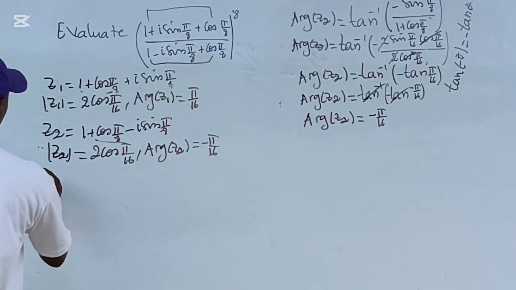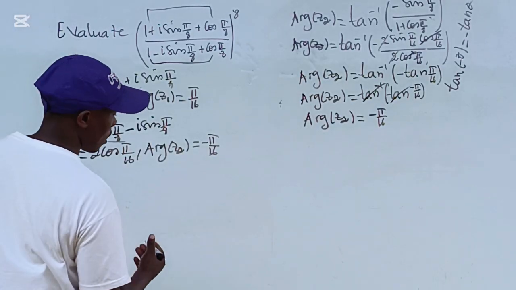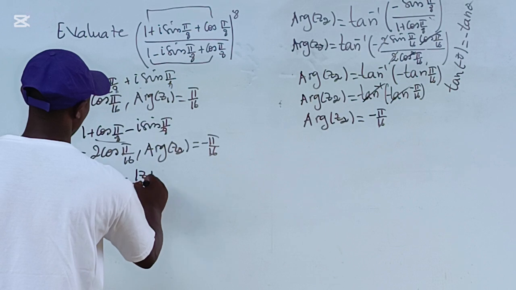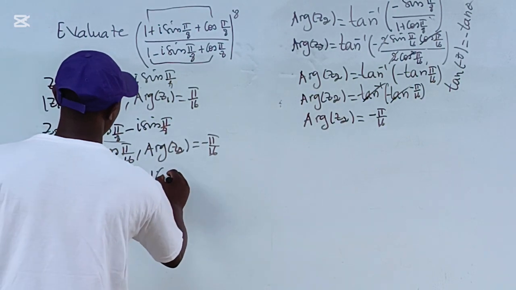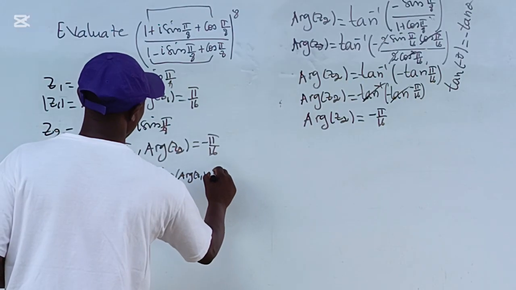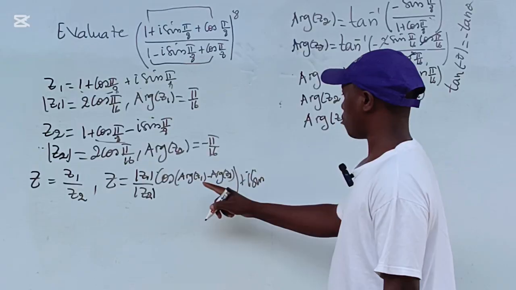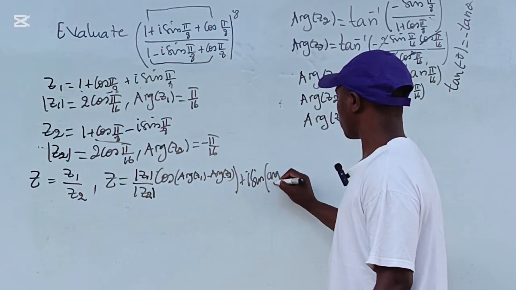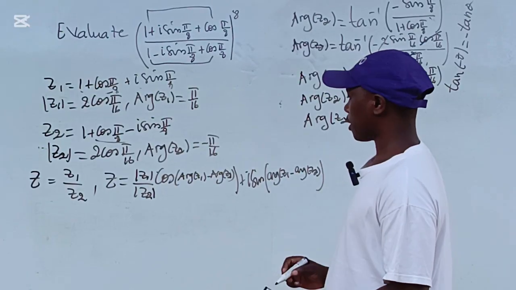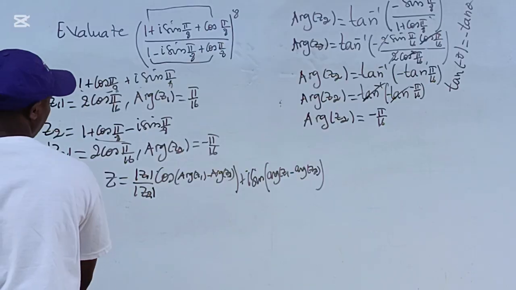Now, having z, which is z1 over z2, in trigonometric form or exponential form, z can be written as the modulus of z1 over the modulus of z2 times cosine of argument z1 minus argument of z2 plus I times sine of this stuff. We have arg z1 minus arg z2.